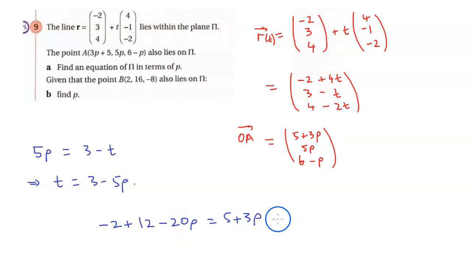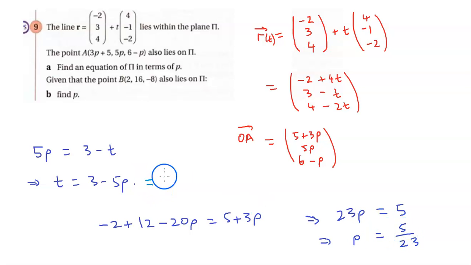So we would get 23p is equal to 5. That would mean p is equal to 5 divided by 23, and also that t is equal to 3 minus 25 over 23, which is equal to 44 over 23.